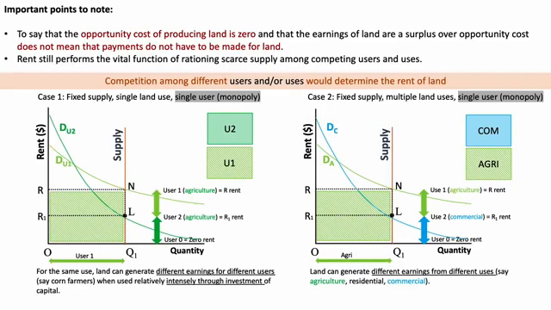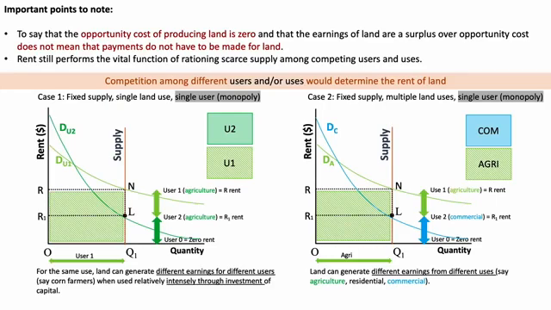So, of course, there is a discussion of supply and demand happening simultaneously here, but we will keep it simple by considering only two demand curves and looking at how supply changes, what will be the impact of supply on the rent.